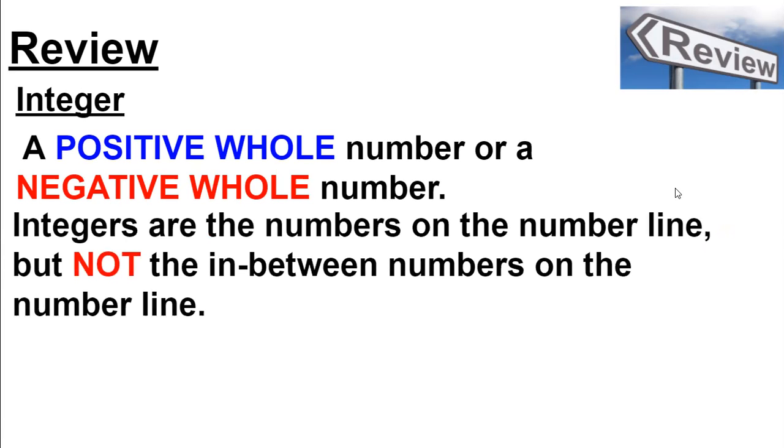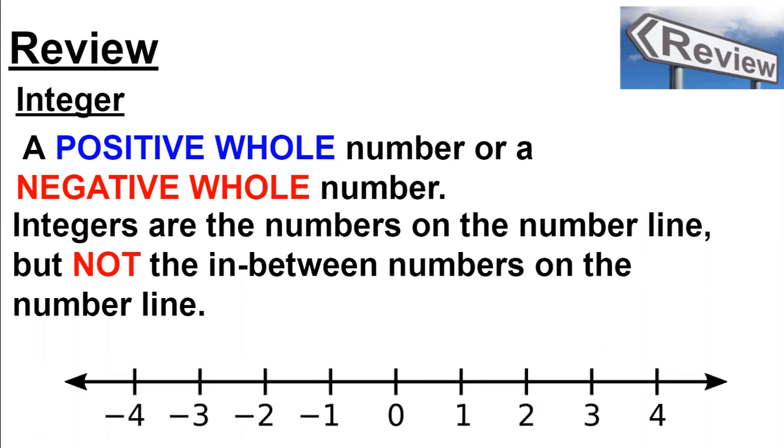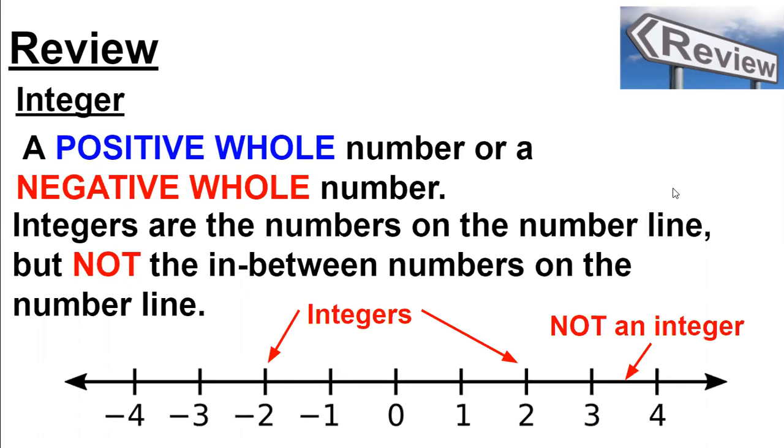So integers are not the numbers in between, like 1/2, 3/4, 1.25, 60.3784. None of those in-between numbers are integers. They're only the whole numbers. So there's an example: 3.5 is not an integer. That should be review for you.